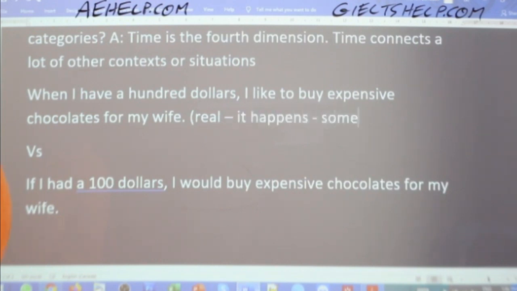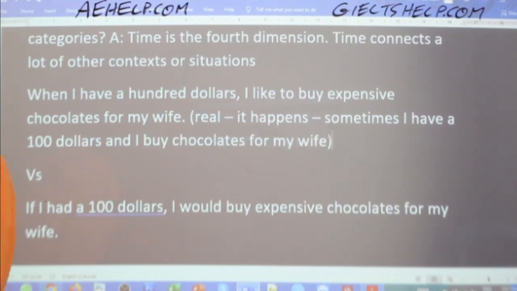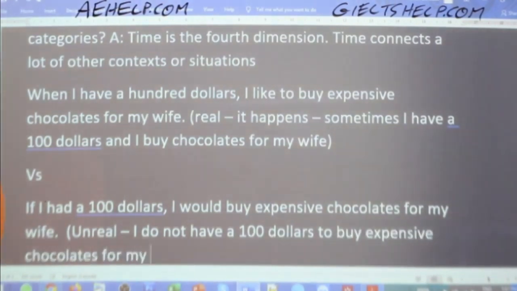Meaning sometimes I have $100 and I buy chocolates for my wife. And this one is unreal. Okay. I do not have $100 to buy expensive chocolates for my wife.